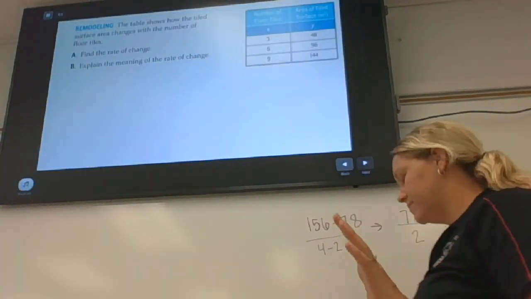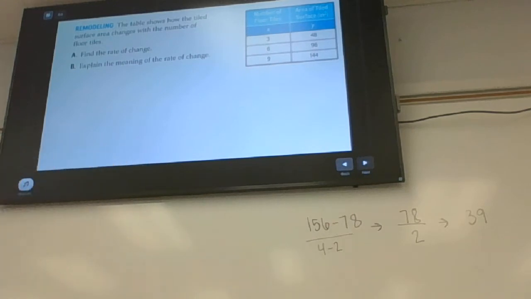Alright, you're up. You have to do this one on your own. This is the one that you have to write. Remodeling. The table shows how the tiled surface area changes with the number of floor tiles. Find the rate of change and explain the meaning. I want you to use the formula.